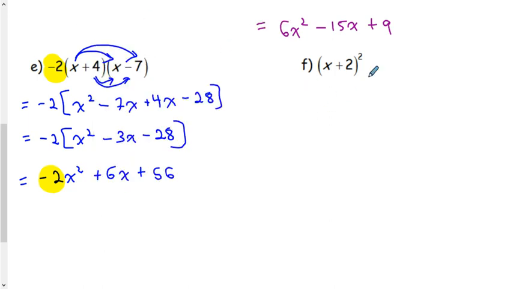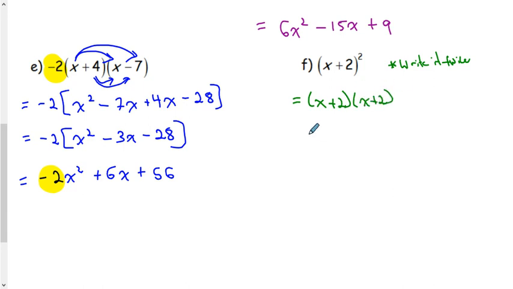Okay, for this F1, it's x plus 2 squared. So the trick to this one is the x plus 2 squared just means x plus 2 times itself. So we're going to write it twice just to make it easy to see. So really what this is, is x plus 2 times x plus 2. That's what x plus 2 squared means.